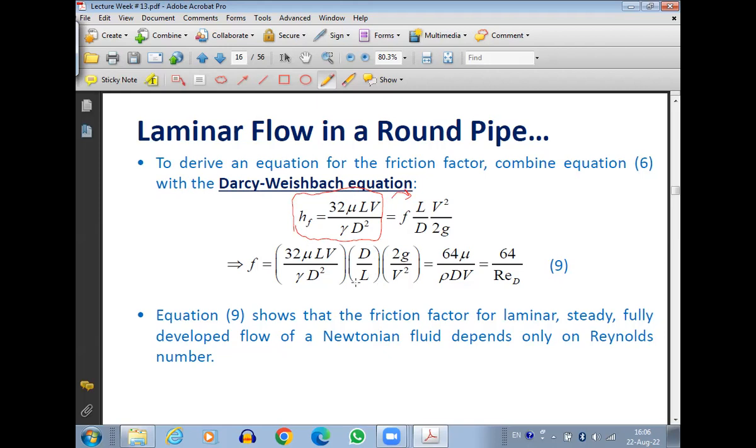So if we write it in the form of the Darcy-Weisbach equation, the friction factor for the case of laminar flow comes out to be 64 over Reynolds number. So for the case of Hagen-Poiseuille's flow, when it is a laminar flow in a round pipe, the friction factor of the Darcy-Weisbach equation comes out to be 64 over Reynolds number. Again, these formulas will be provided to you in the exam. You don't have to memorize them.